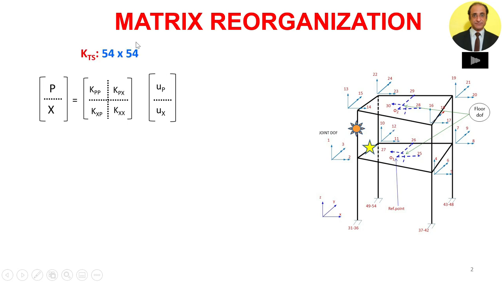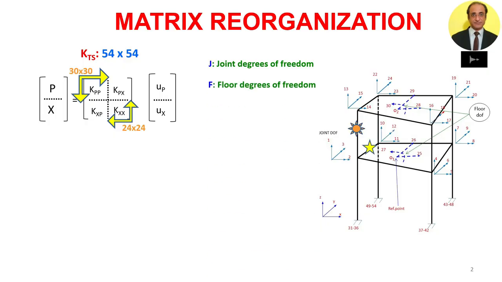Here the total size of the KTS matrix we have already seen is 54 by 54, and when we see the sizes, KPP is 30 by 30 and KXX is 24 by 24. Now when we look into KPP, we can find that KPP is made up of two types of elements.